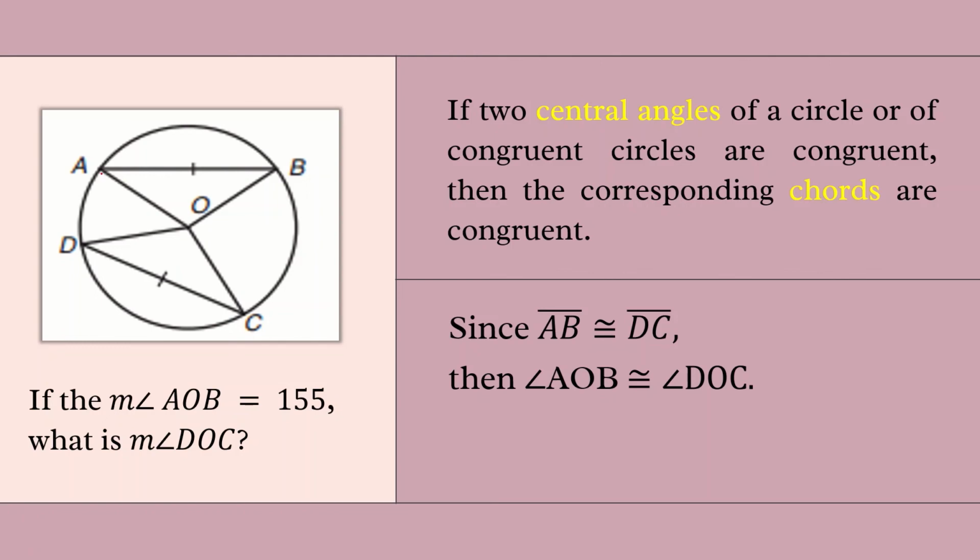So, we say that angle AOB subtended by this chord is congruent to angle DOC. And since the measure of angle AOB is 155 degrees, therefore the measure of angle DOC is also 155 degrees.